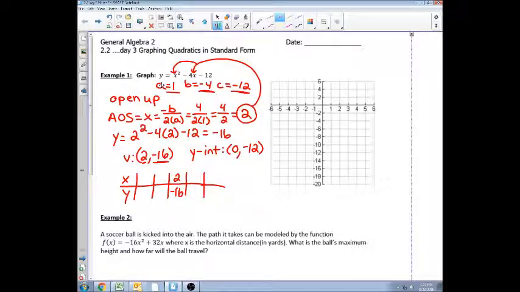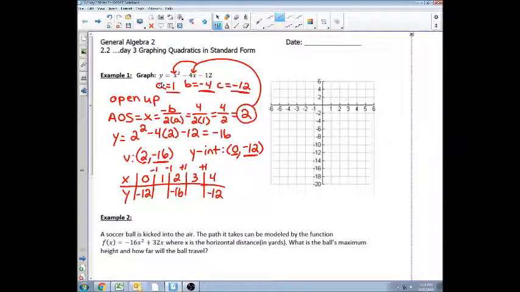To fill in my x's, I will add 1, which is 3, add 1, which is 4. I will subtract 1, that's 1, subtract 1, so 0. Now, we already know what our y-intercept is, so when x is 0, my y would be -12. Anytime that I have a 0 in my table for x, I can just plug in my y-intercept.